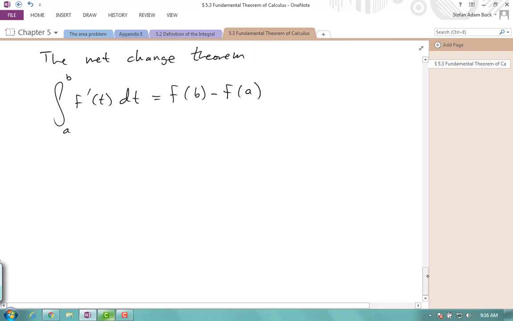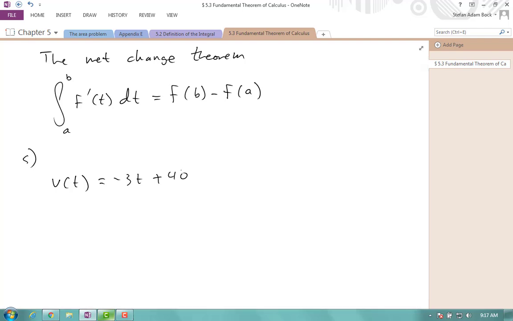So, for example, if I had a velocity, the velocity is the rate of change of position. So let's say I had a velocity of negative 3t plus 40, and I wanted to find the total displacement of an object between two times.